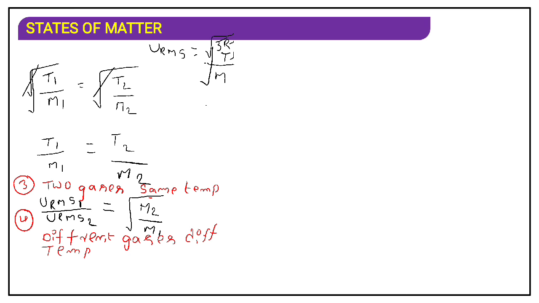Then we have the final expression: URMS1 divided by URMS2 equals square root of T1 divided by T2 into M2 divided by M1.